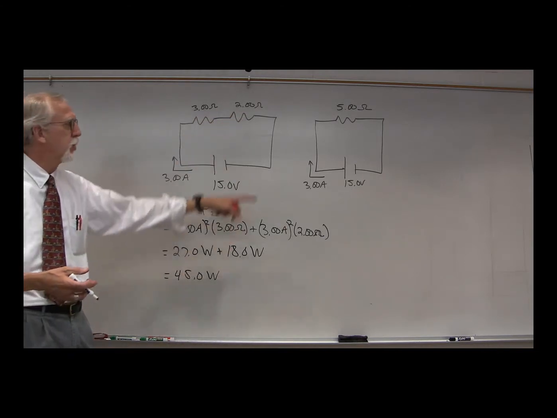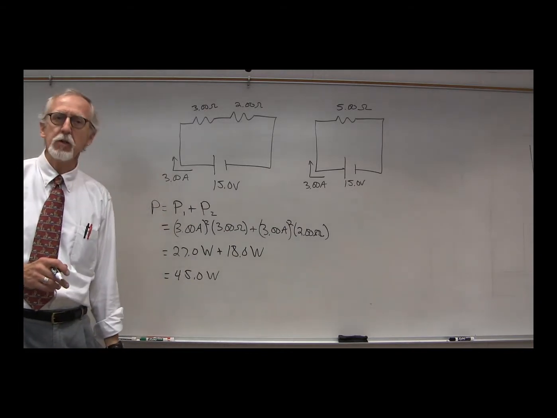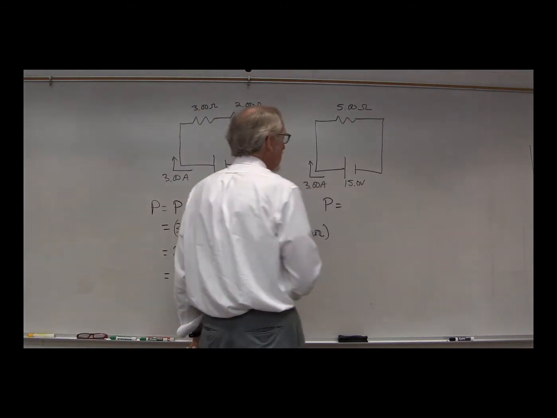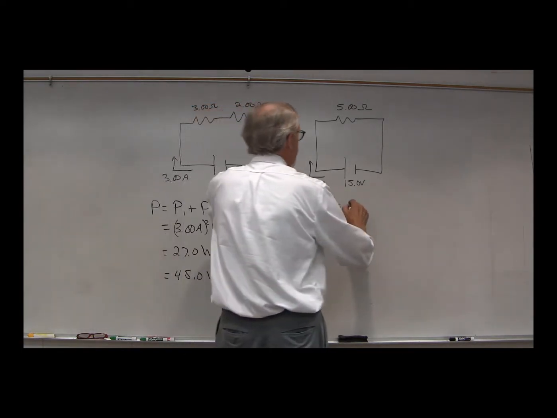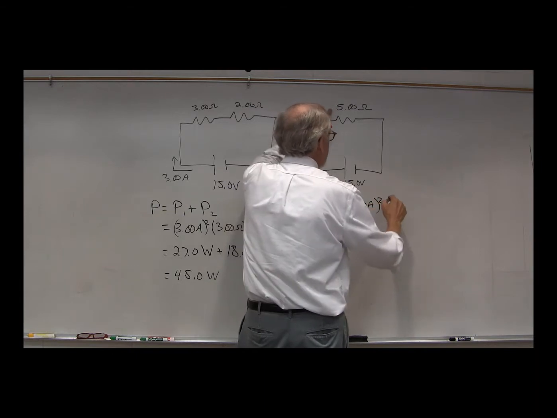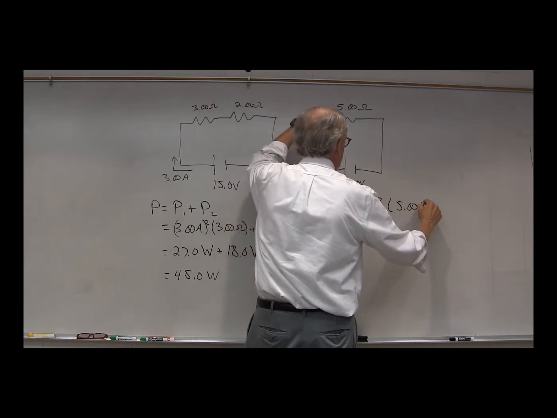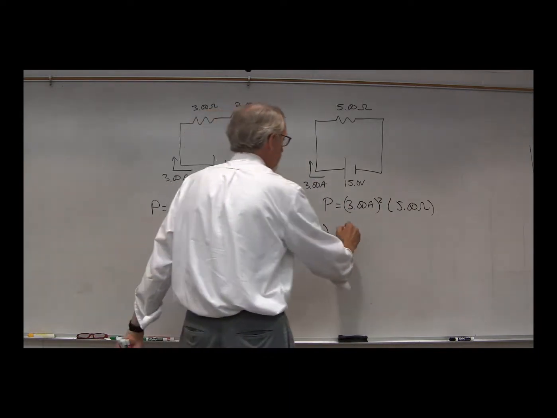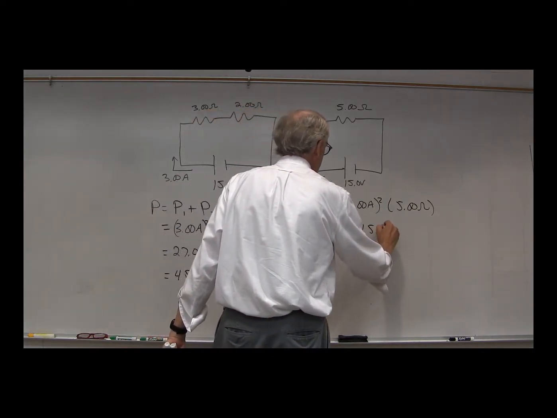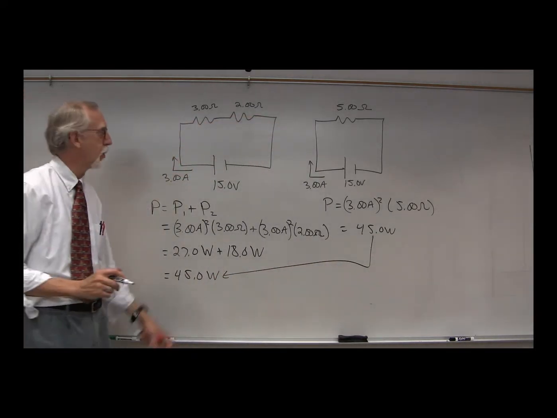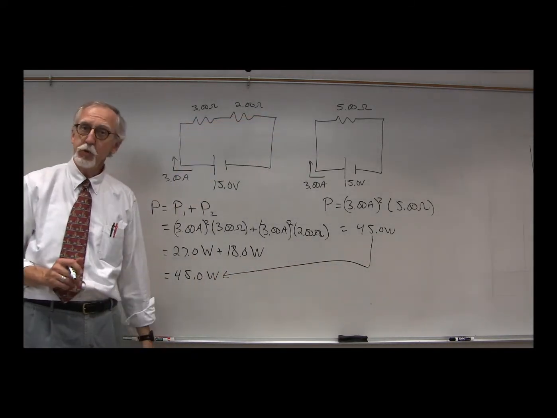Now, how much power would be used by the single resistor, the equivalent resistance? Well, the power will be I squared R, 3 amps squared times 5 ohms. 3 squared is 9, 9 times 5 is 45. And we find it is exactly the same as the power used by the 2 individual resistors.